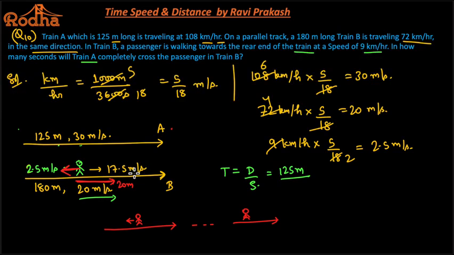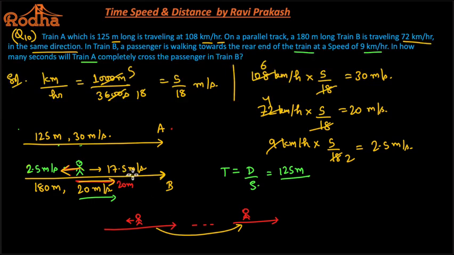So what is the effective speed? Because the person is moving against the train at 2.5, in 1 second the person moves 2.5 meter to the left, and in 1 second the train moves 20 meter to the right. Obviously the person is moving with the train.